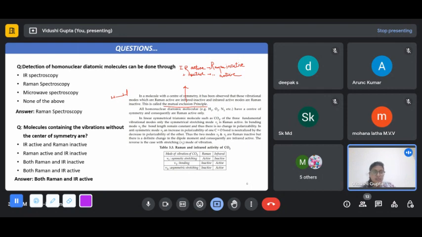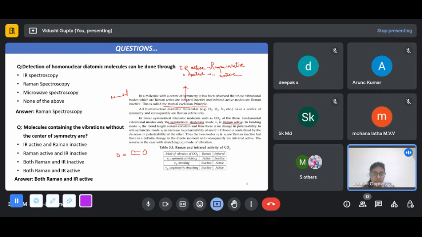If you take an example of CO2, it's a triatomic molecule. There are three atoms, C and two oxygen. Of the three fundamental vibrational modes, only the symmetric stretching mode is Raman active. The modes are symmetric stretching, asymmetric stretching, and bending.